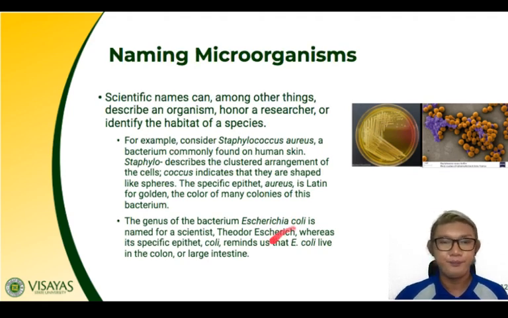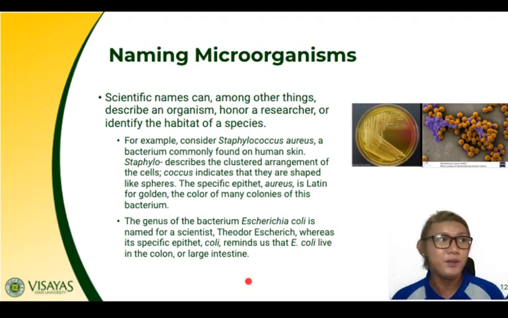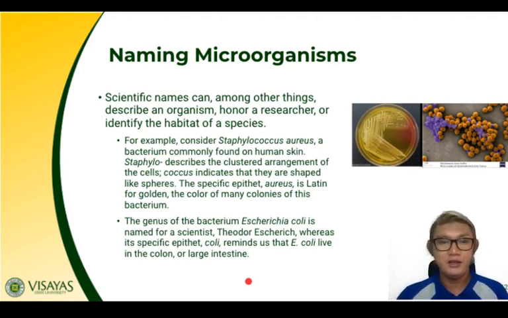Just like in VSU, there is a particular species of dendrobium, an orchid, Dendrobium melanae, which is named in honor of the university president, Dr. Pasiencia Milano. Okay, so that is one way of naming organisms or microorganisms.